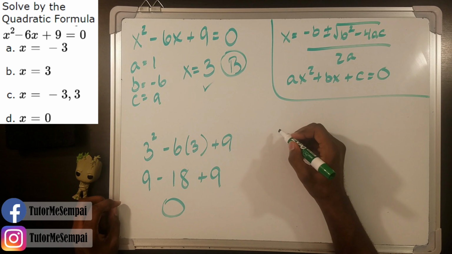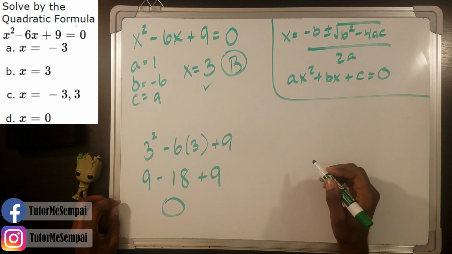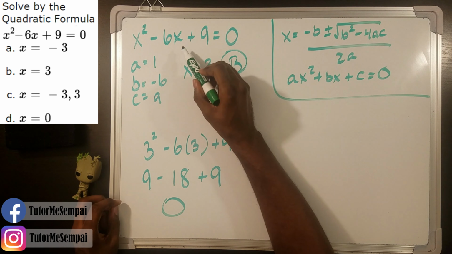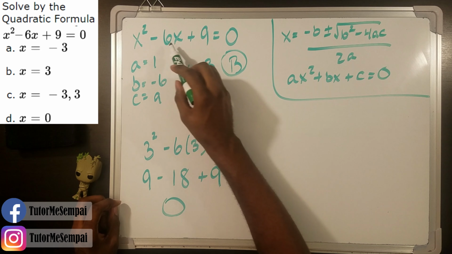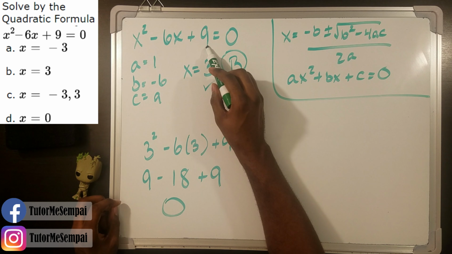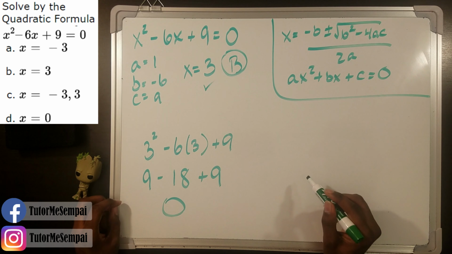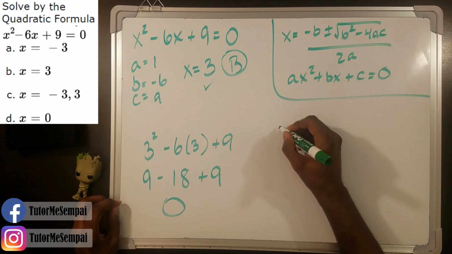But let's check the negative 3. And let's also check 0 really quick, and we'll see what happens. Well, for 0, you can easily see that anything that's going to be multiplied by that 0 is going to cancel out, leaving just this constant. And this constant doesn't equal 0, so 0 can't be our answer. So let's jump into negative 3.